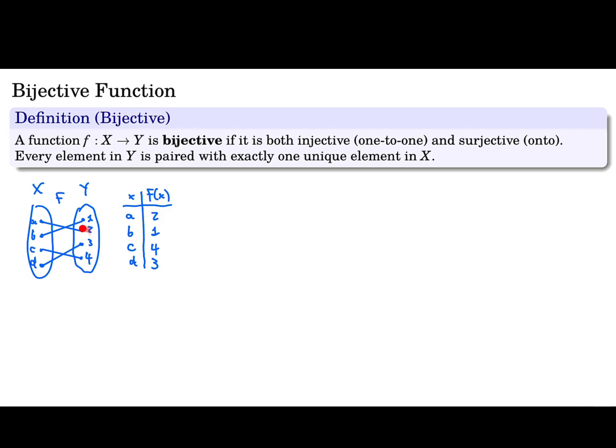And so now you need to check both properties. Is this function injective? Is this function surjective? If you were to check each one individually, let's say first injective: every element in the codomain has at most one input that corresponds to it.